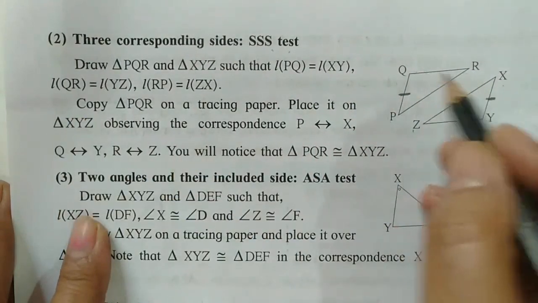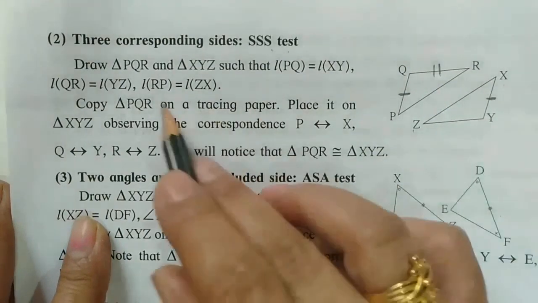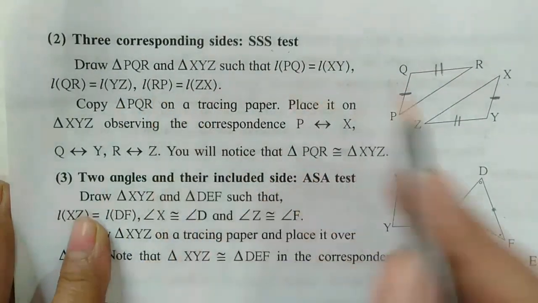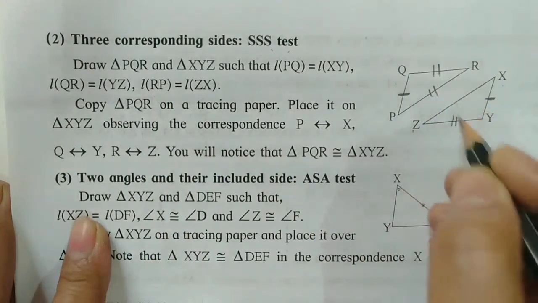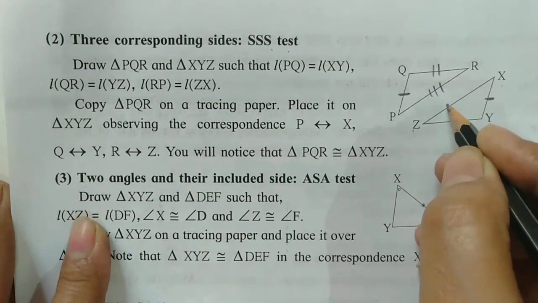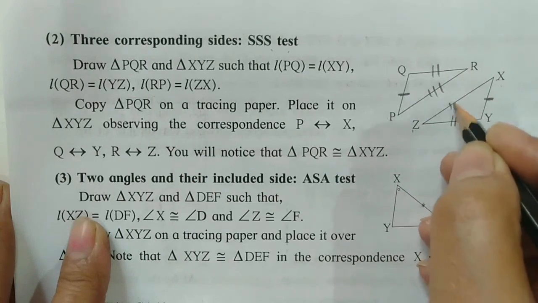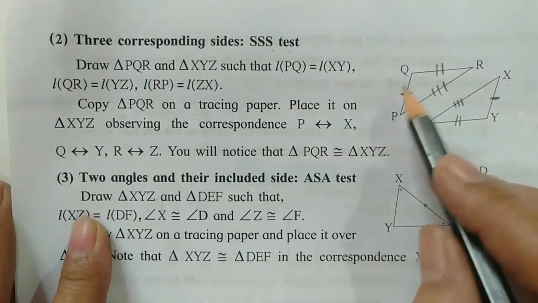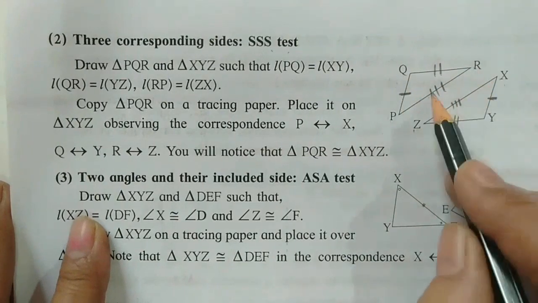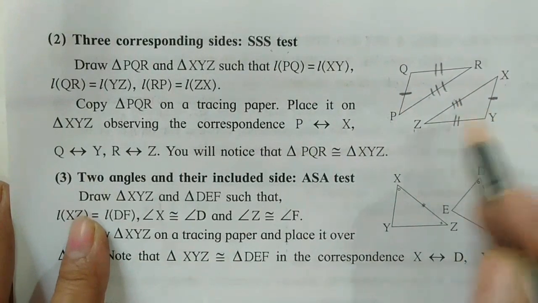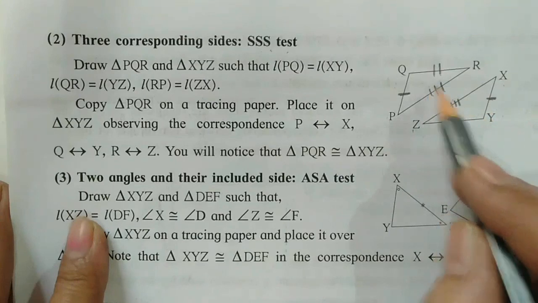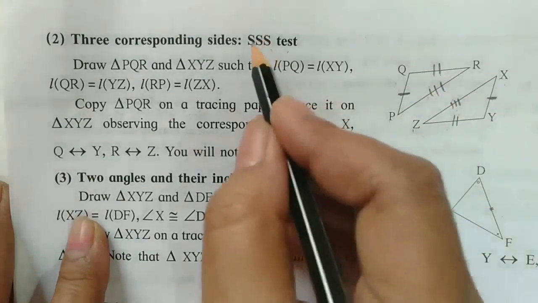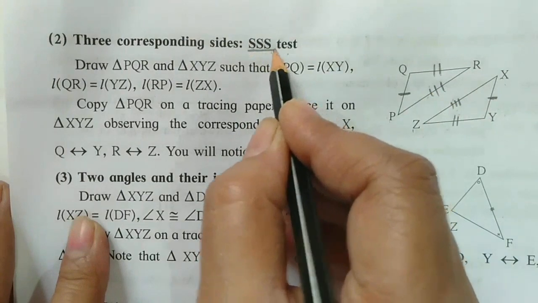Length of QR is congruent with the length of YZ, and the length of RP is congruent with the length of ZX. It means when all three sides of one triangle are congruent with all three sides of another triangle, then we say that these two triangles are congruent to each other by SSS test.